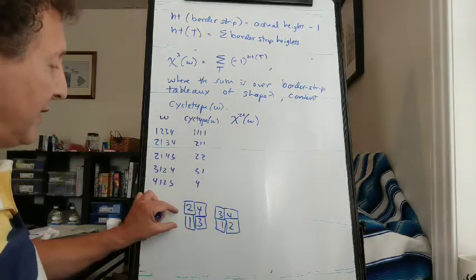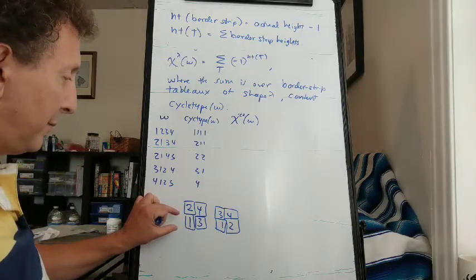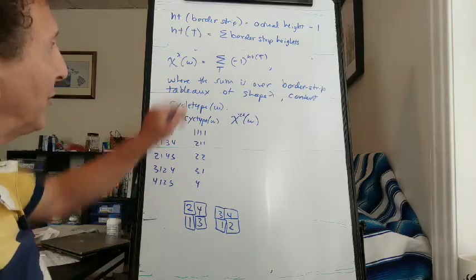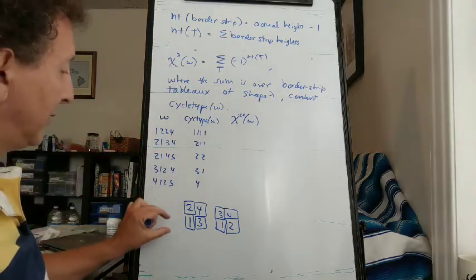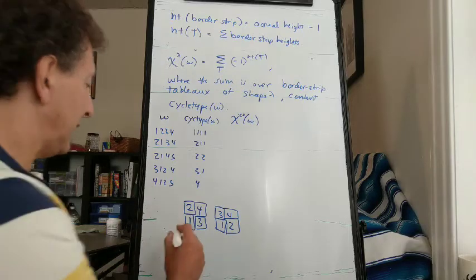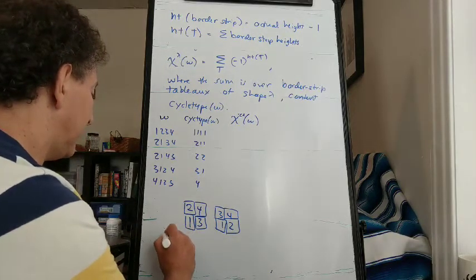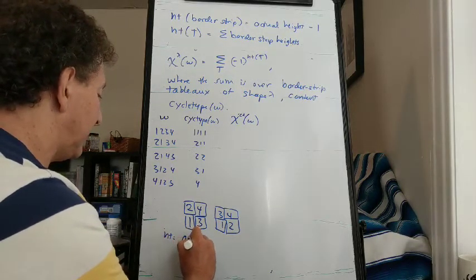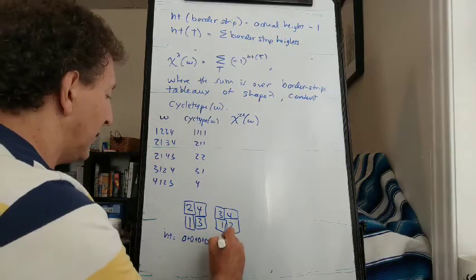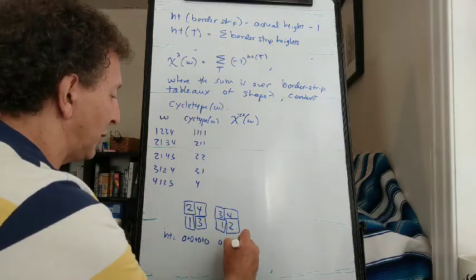Each of them has height 1 by normal human standards, but we're going to count them as 1 minus 1. So these heights are 0 plus 0 plus 0 plus 0, and 0 plus 0 plus 0 plus 0.